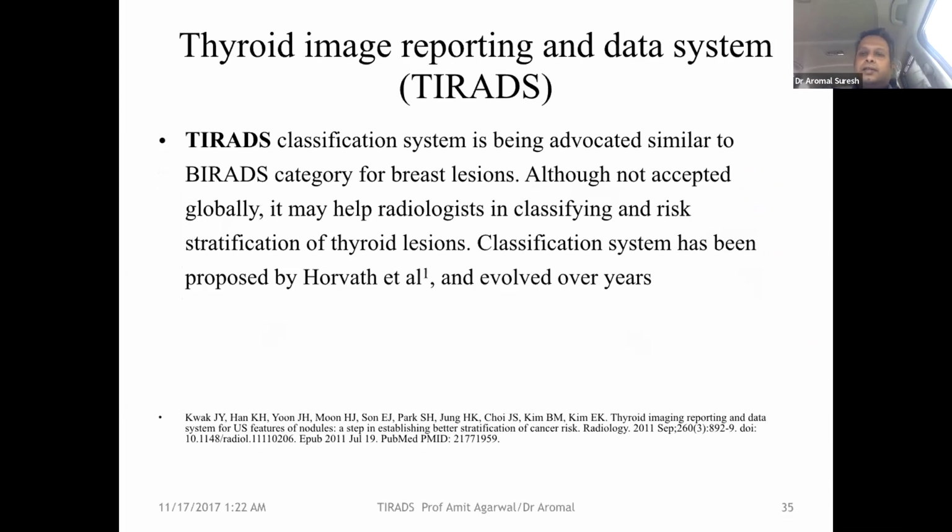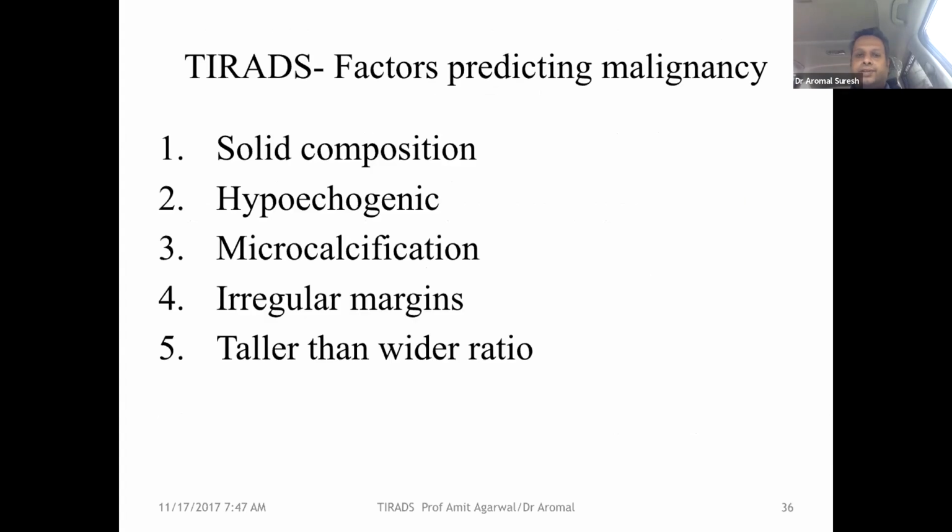Earlier we were always having ultrasound with so many features, so there was no lexicon available. Later the Thyroid Imaging Reporting and Data System came up. That was started by Horvath et al. He combined all these things and came up with something similar to BI-RADS to risk stratify the lesions.